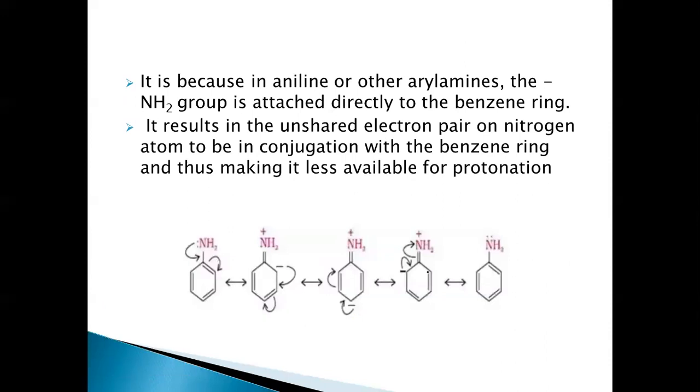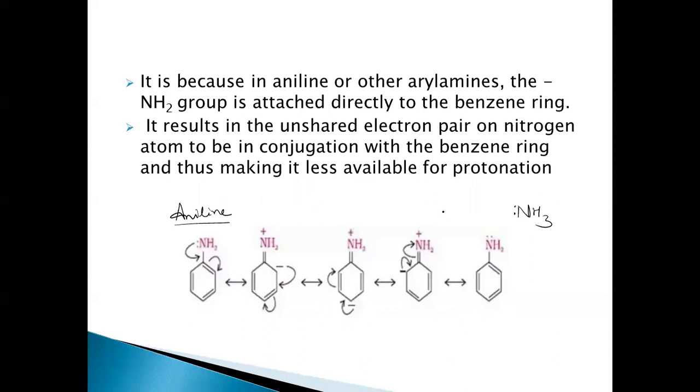These are the resonance structures possible for aniline, where the lone pair of electrons on the nitrogen is in conjugation with the pi electron system of the benzene. And this is ammonia. As a result, the lone pair of electrons on the nitrogen is less available to donate, making aniline less basic. This is the reason.